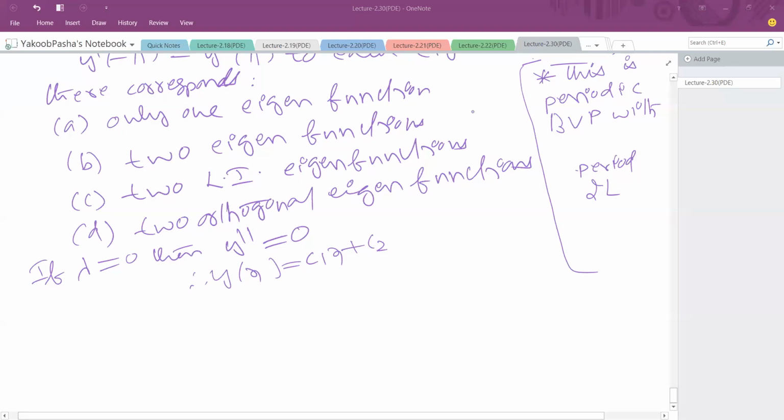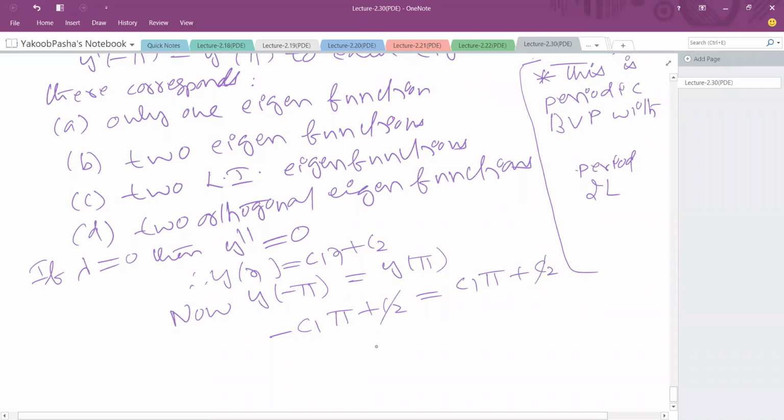First, we have to take the boundary condition y of minus pi is equal to y of pi. So that means replace x by minus pi on one side and x by pi on the other and equate: minus c1 pi plus c2 is equal to c1 pi plus c2.